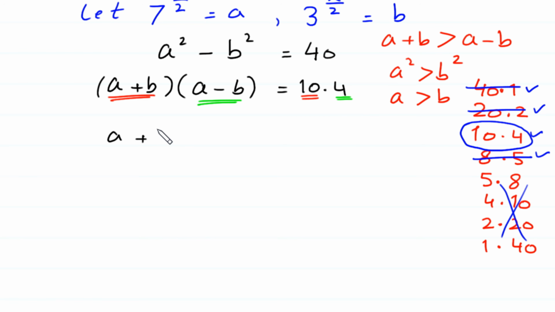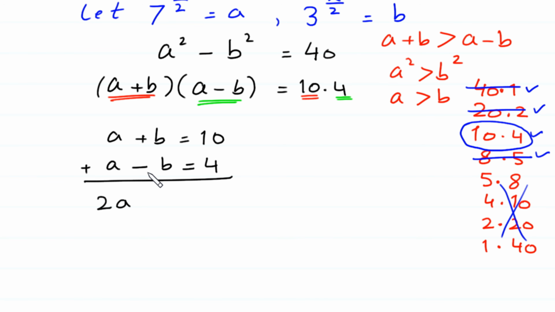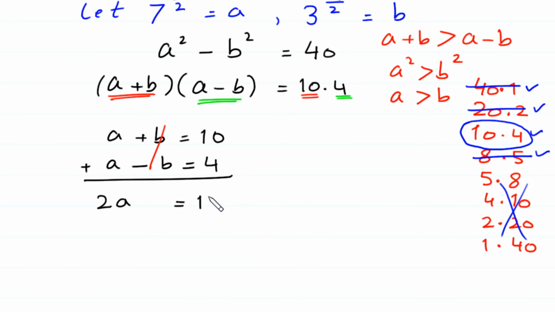A plus b is equal to 10 and a minus b is equal to 4 and we add these two equations, 1a plus 1a, 2a, and this positive b will be cancelled with this negative b, is equal to 10 plus 4, 14, and we divide both sides by 2.